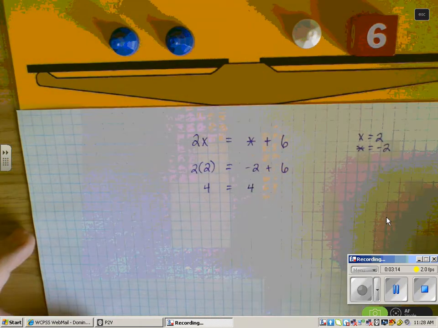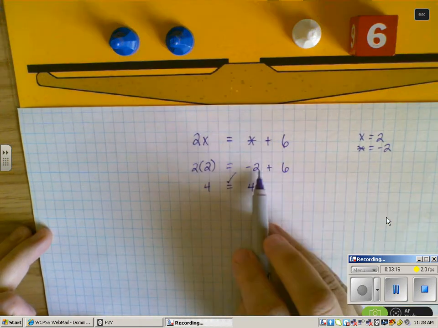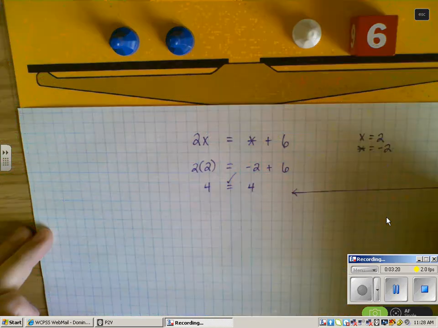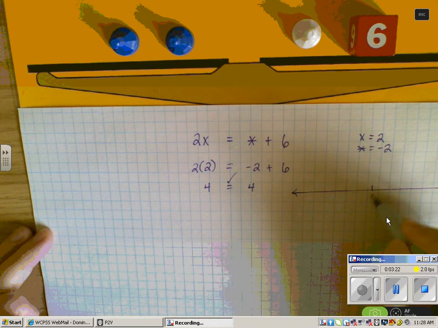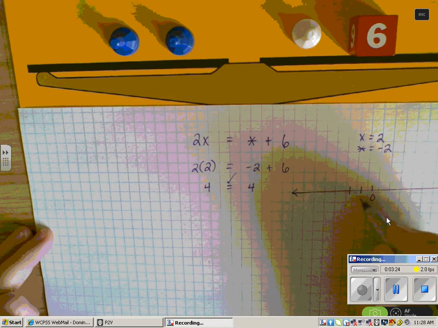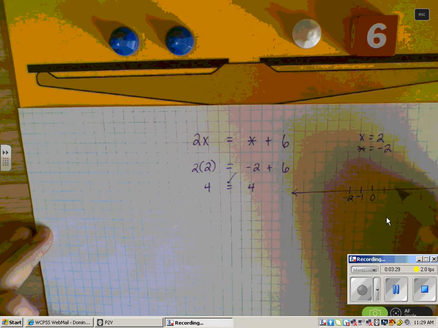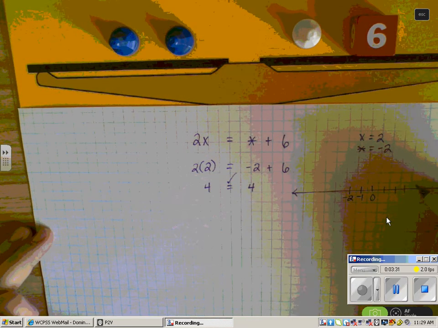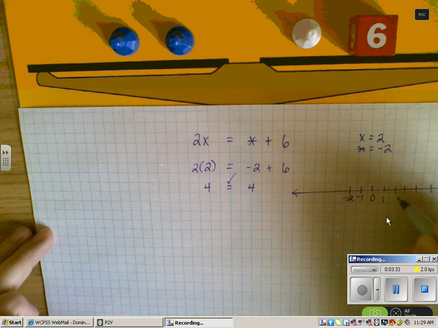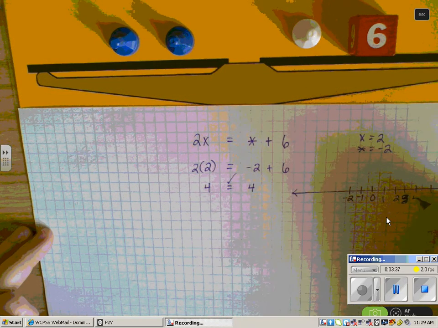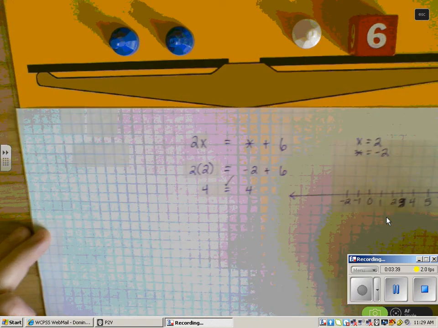If you're having trouble understanding negative 2 plus 6, think of it on a number line. We're here at 0, negative 1, negative 2. We have 1, 2, 3, 4, 5. Oops, that's supposed to be a 3, 4, and 5.